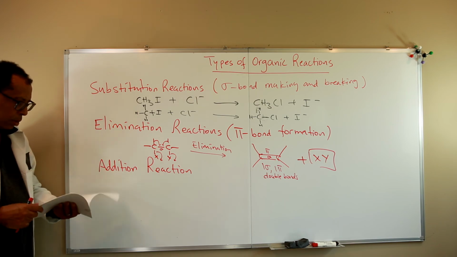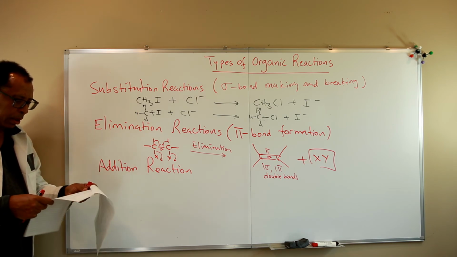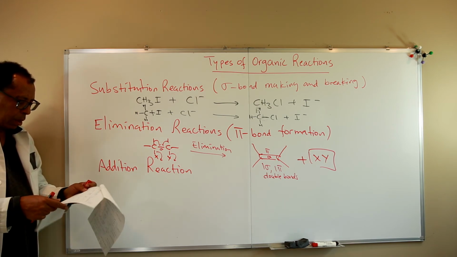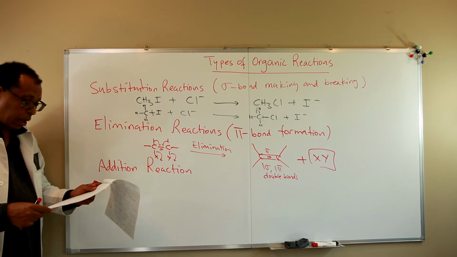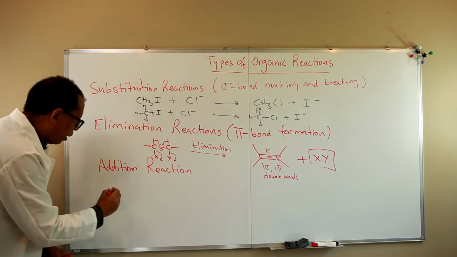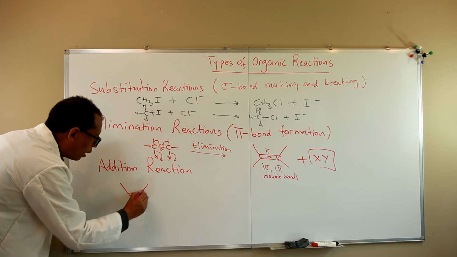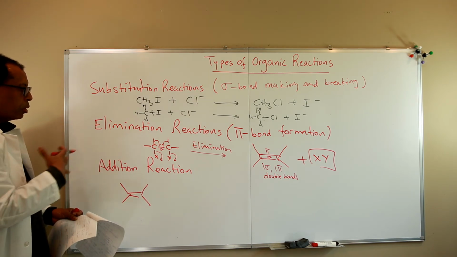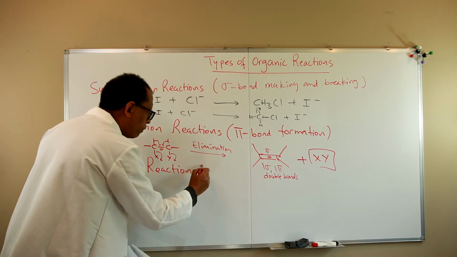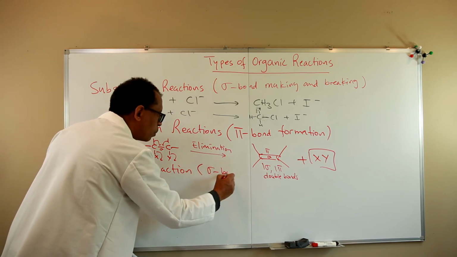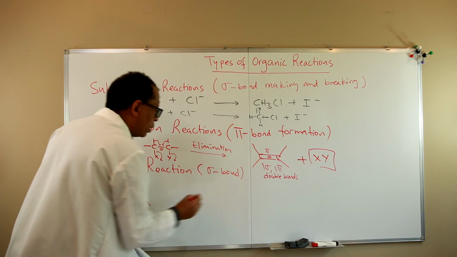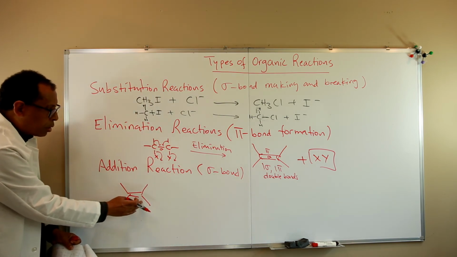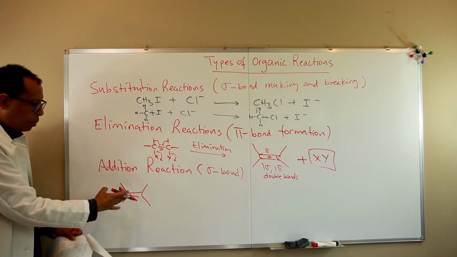The other reaction we see is the addition reaction. If you have a system like this, during an addition reaction you always form sigma bonds, because you will be adding across the double bond, so the double bond wouldn't stay.